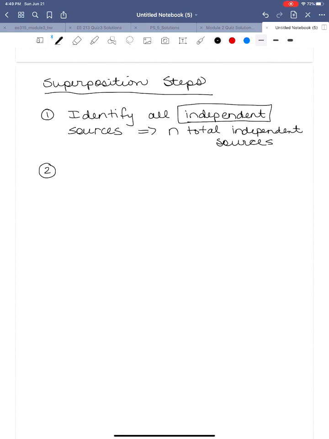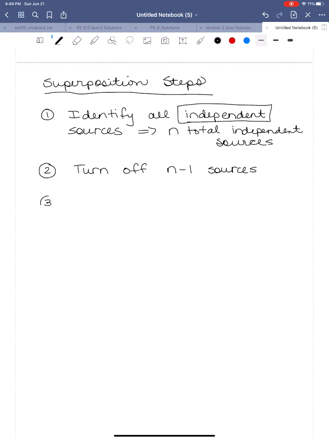All right? Step 2. And note that we're going to do an iterative process here. Before we start this, we're going to turn off n minus 1 of the sources. And when we do that, we'll be left with the circuit with all the sources off but one. Okay?